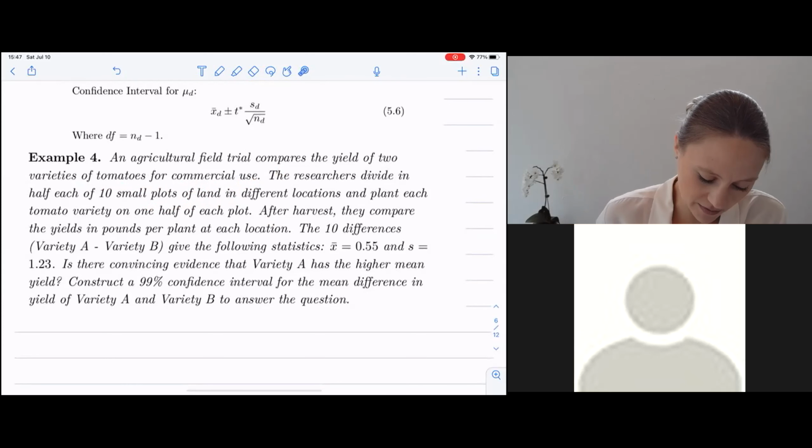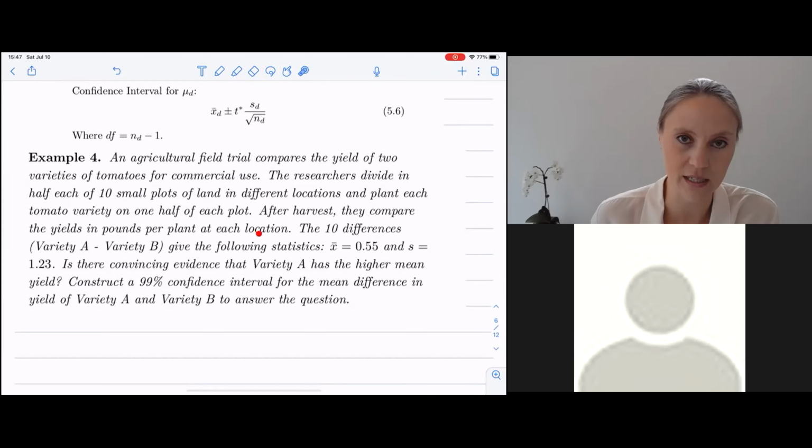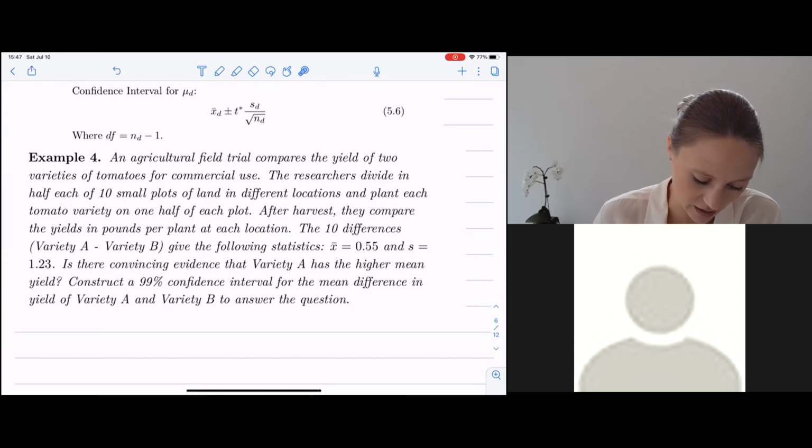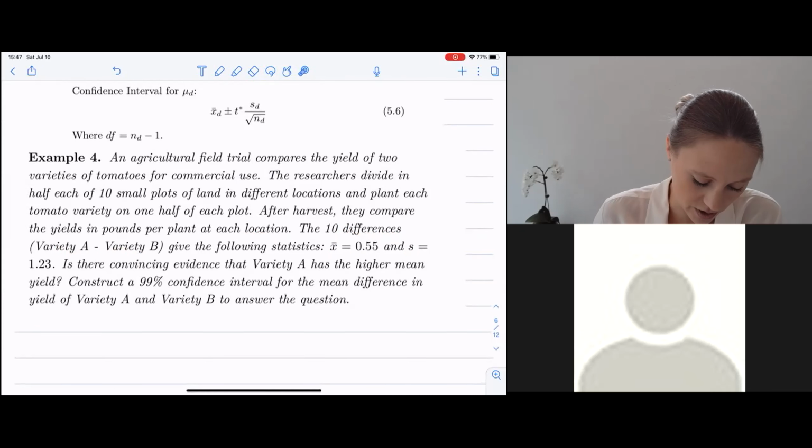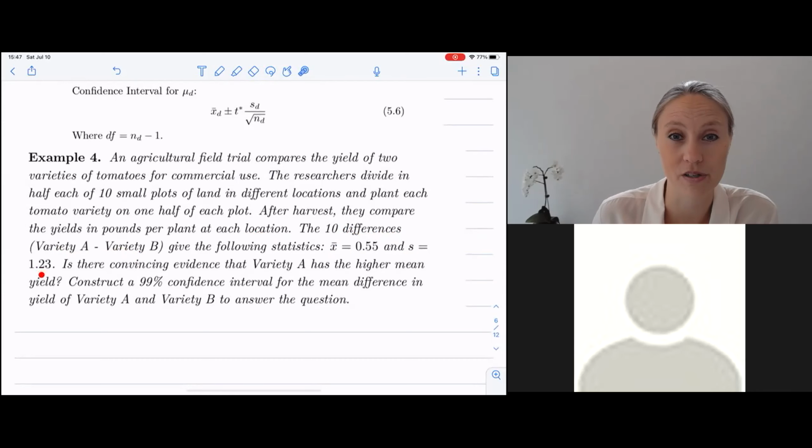After harvest, they compare the yields in pounds per plant at each location. The 10 differences, and here I tell you variety A minus variety B is how I calculated those differences, give the following statistics: x bar, which is actually x bar of the differences, is 0.55, and s, the standard deviation of those 10 differences, is 1.23. 1-2-3, how original.